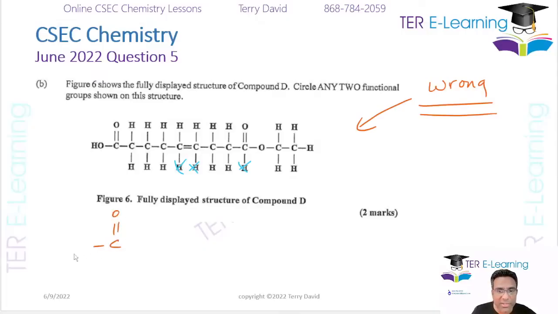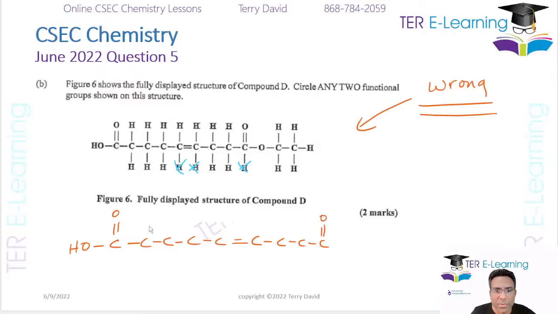So this is what the structure should be, and I'll tell you what the answer should be. 1, 2, 1, 2, 3. 1, 2, 3, 4, 5. Then we have a double bond. We have a carbon. 2, 3, 4. Alright, the structure is getting kind of long though.